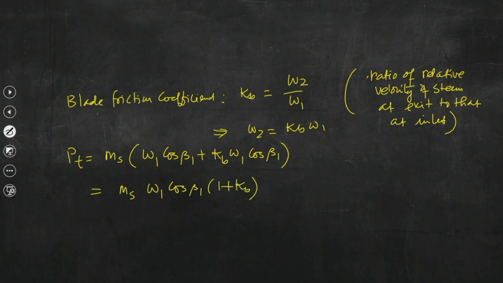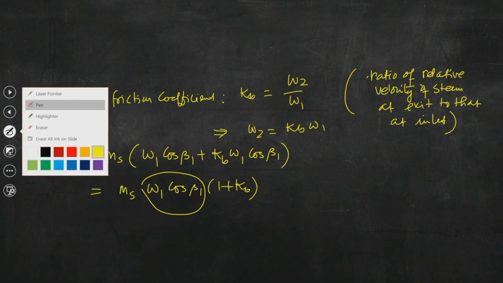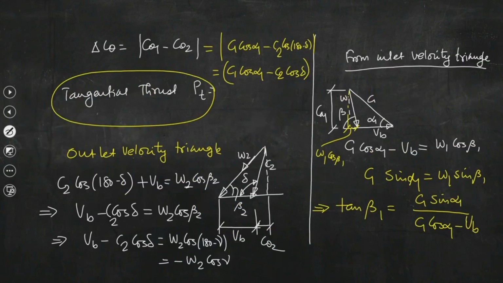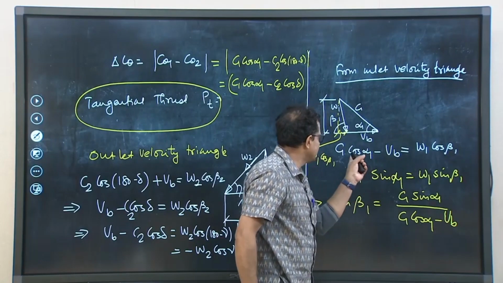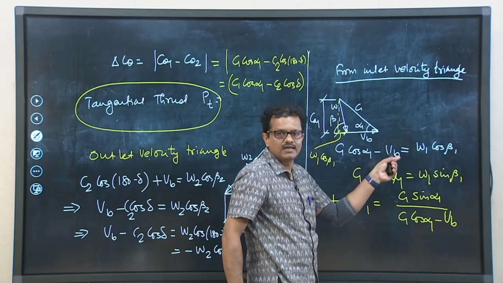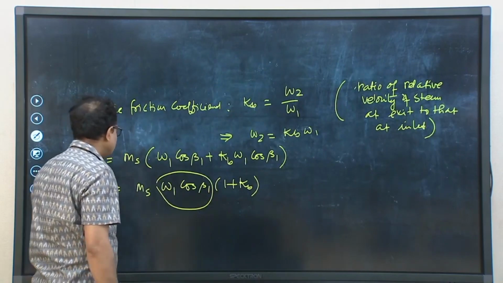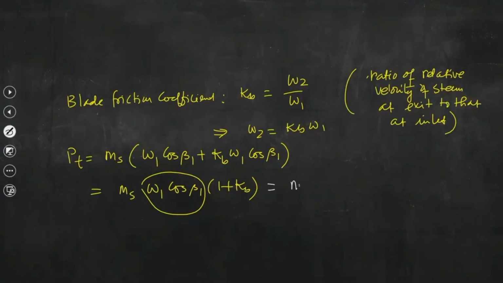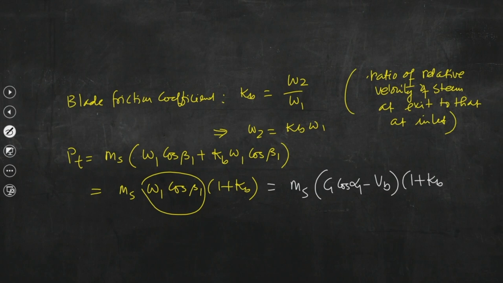W1 cos beta 1 is nothing but C1 cos alpha 1 minus Vb from the inlet velocity triangle, as already established. So, that is Ms into C1 cos alpha 1 minus Vb into 1 plus Kb, from the inlet velocity triangle.